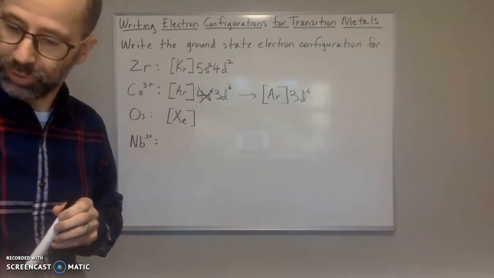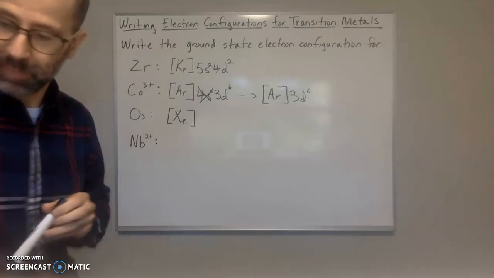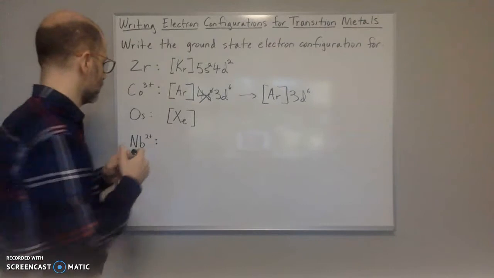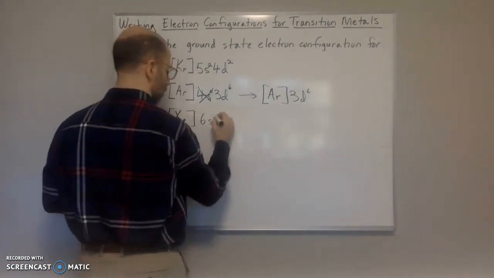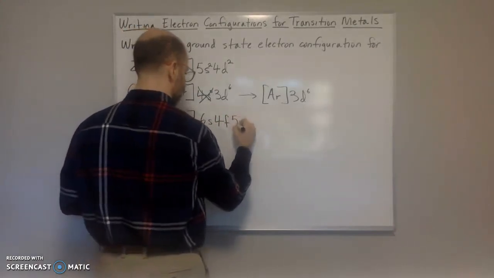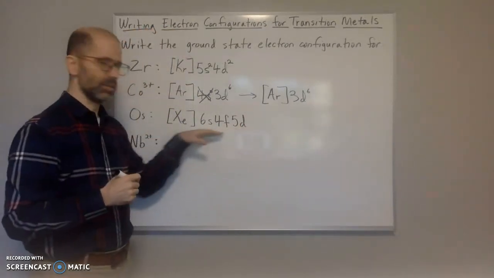It's going to go through the S, the F, and the D. So it's in period 6. So that means it's going to be 6S, and then 4F, and 5D. So those are the sublevels.